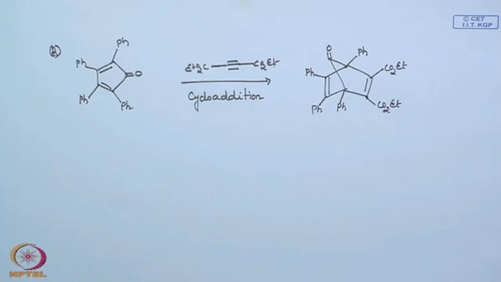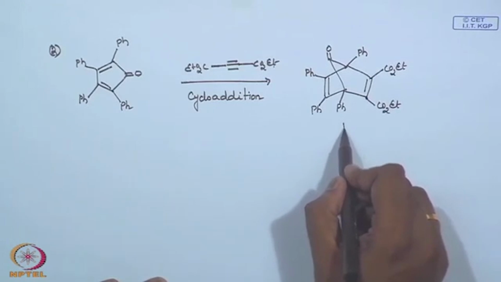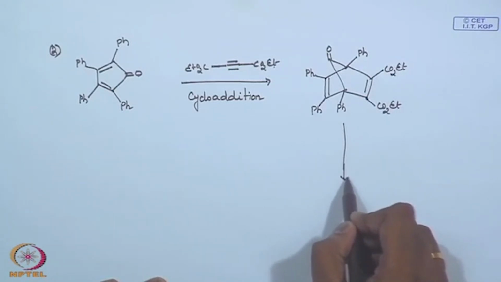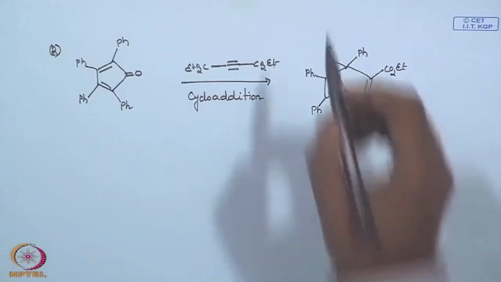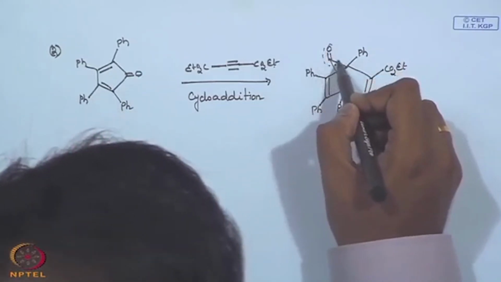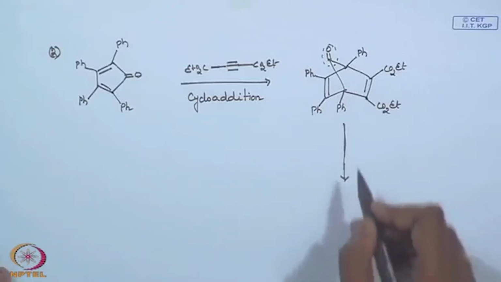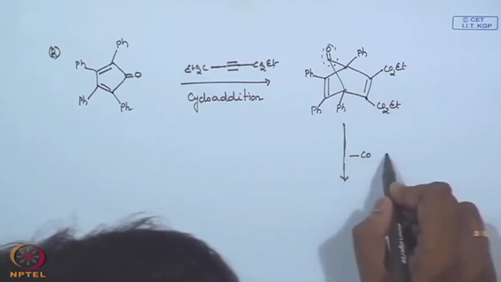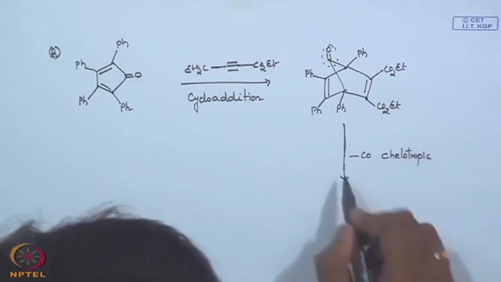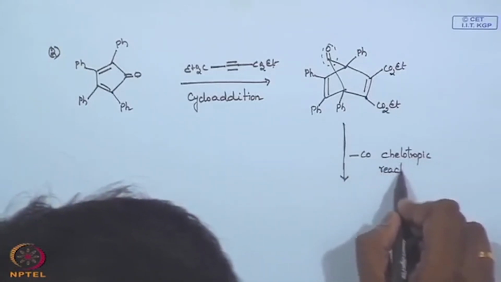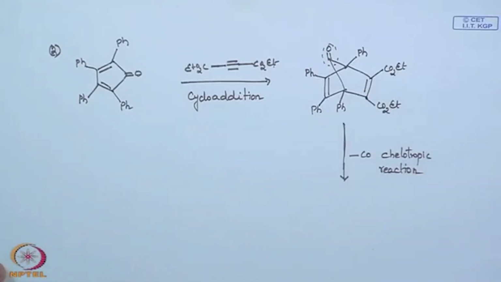Now tell me what reaction you can think of if I heat this. Yes, chelotropic reaction with your carbon monoxide going off. Very good. So carbon monoxide goes off, you get a chelotropic reaction. Fine.